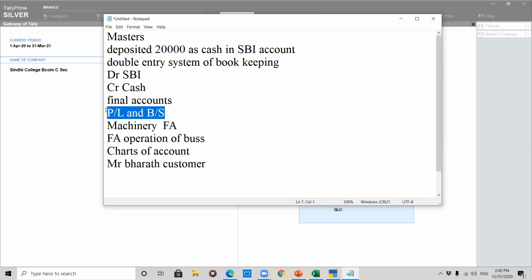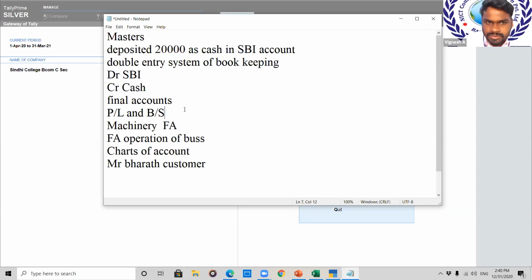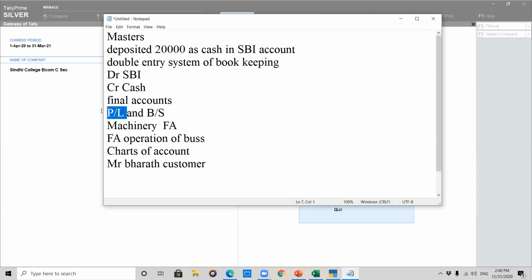Current. Either profit and loss account or balance sheet. Profit and loss. Yes, sir. Because if we lose him, we might... yes, sir. Because in the balance sheet, we just have to enter the liabilities and assets also.